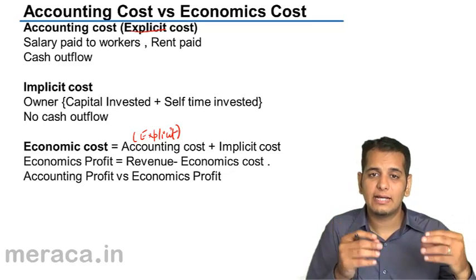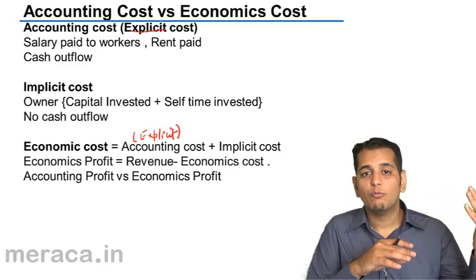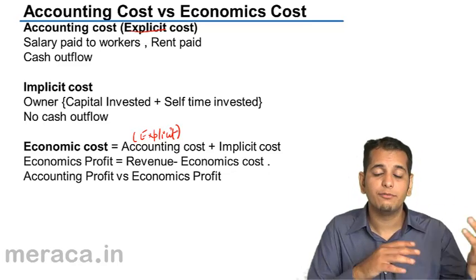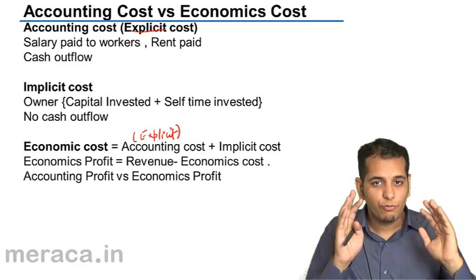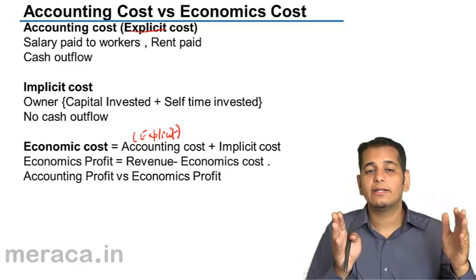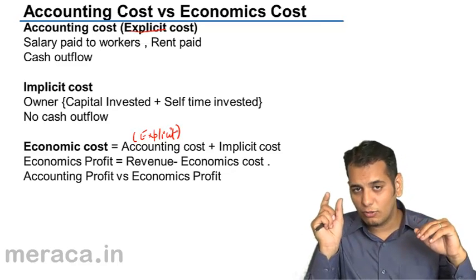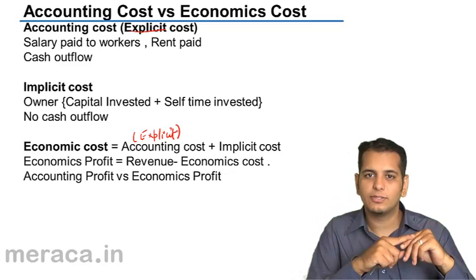He does not pay salary to himself. However, if he had worked at some other person's office, at some other person's shop, he would have gotten salary. So now he is foregoing salary so that he can do his own business. So the part of salary which he is sacrificing is called implicit cost.